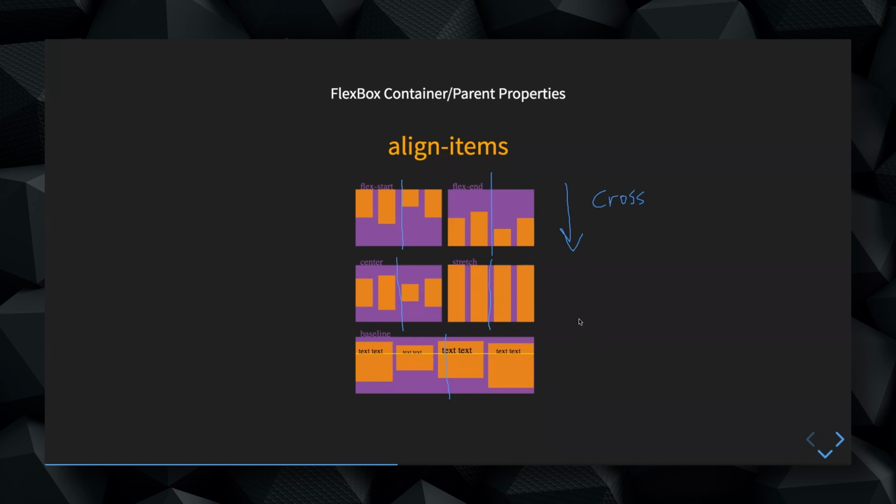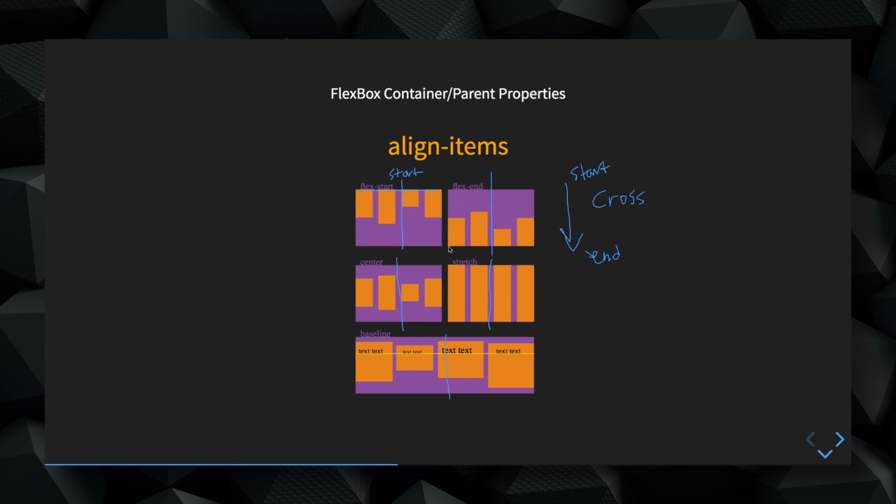So we have flex start, which, as you can see, so we have a start here, right, and the end here. Flex start moves the items to the start point of the axis, like in this case, the start point is here.